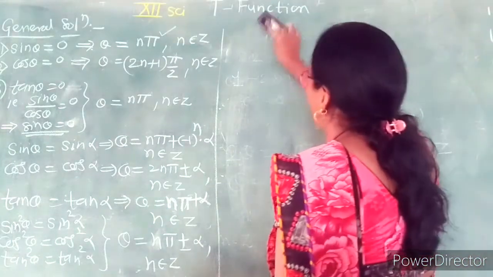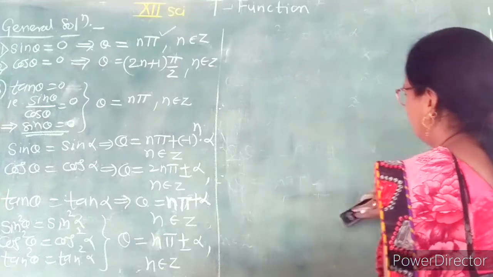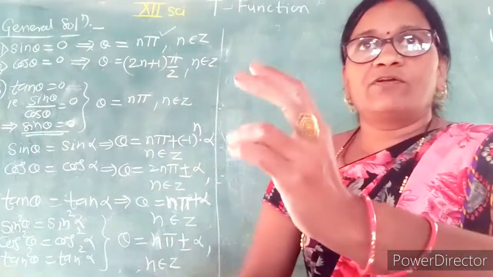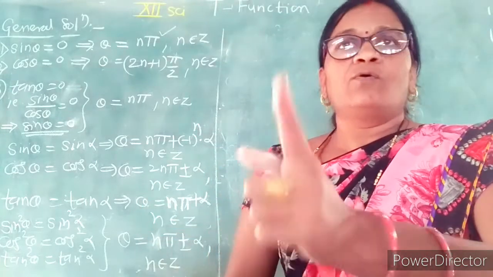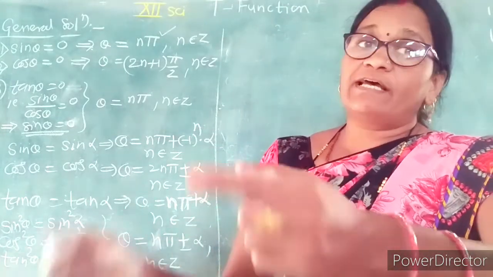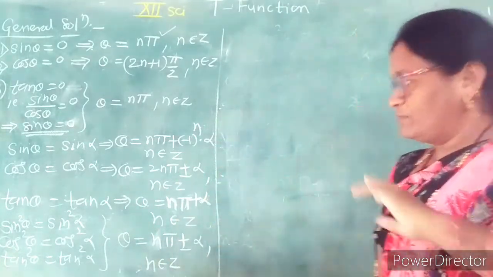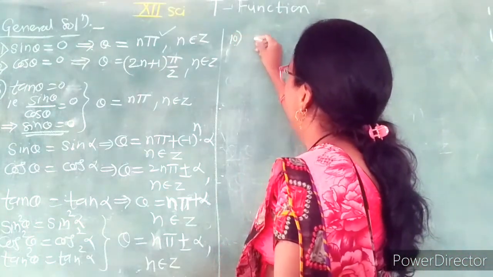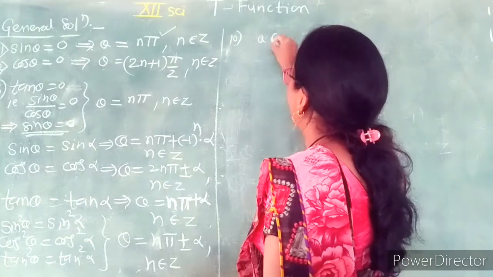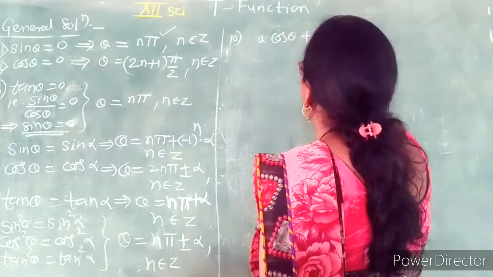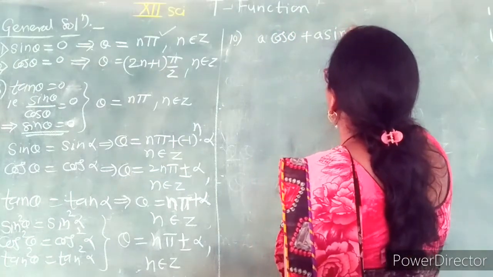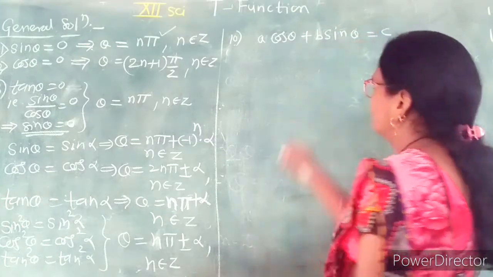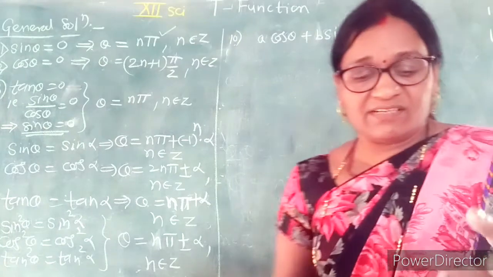Because you know that the cosine double angle, cos 2 theta, gives a trigonometric result in functions of both sin and cos, only in sin, only in cos, and only in tan. So with the help of this, we find that. Now the last result: if you have to solve an equation a cos theta plus b sin theta is equal to c, the theorem is given in your book.